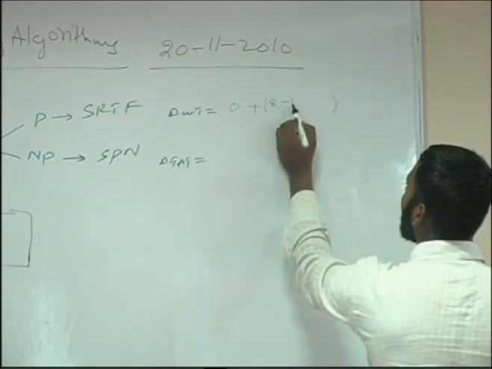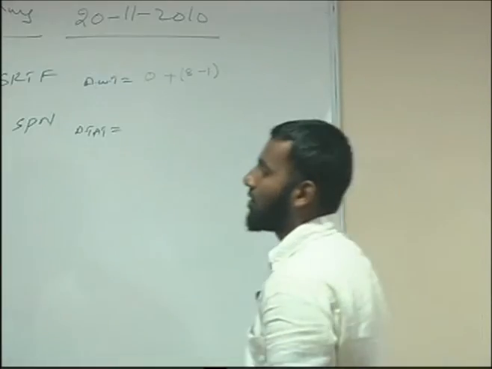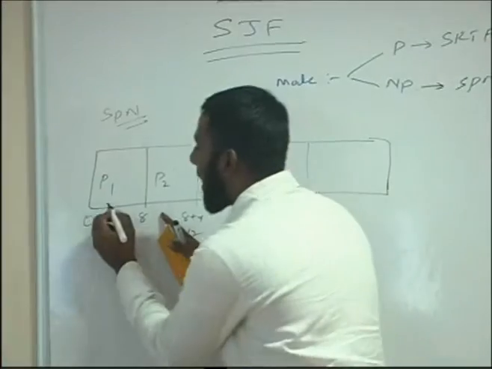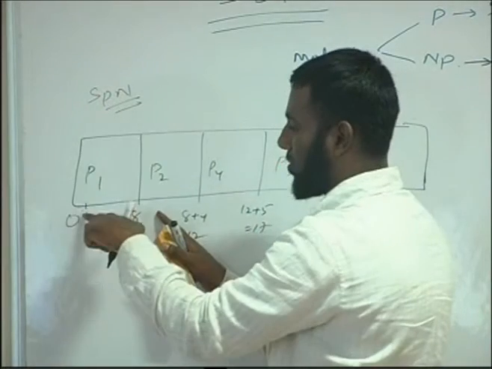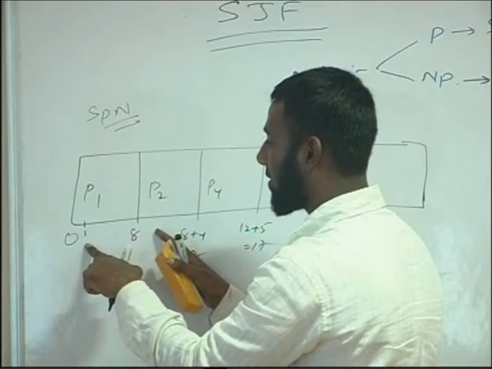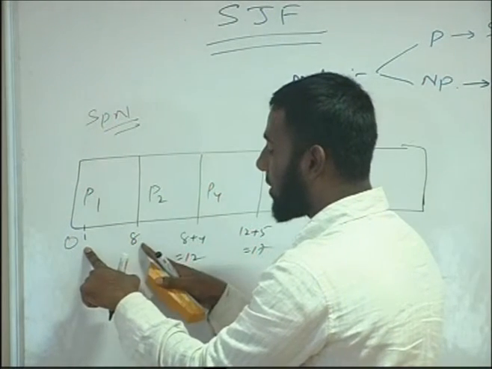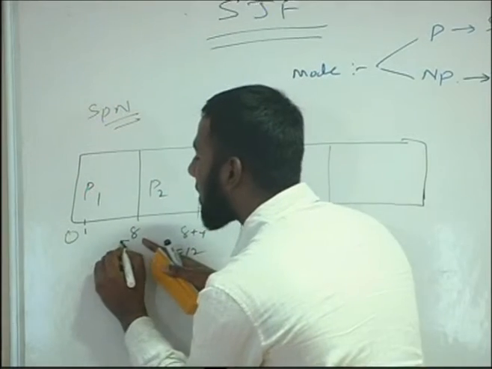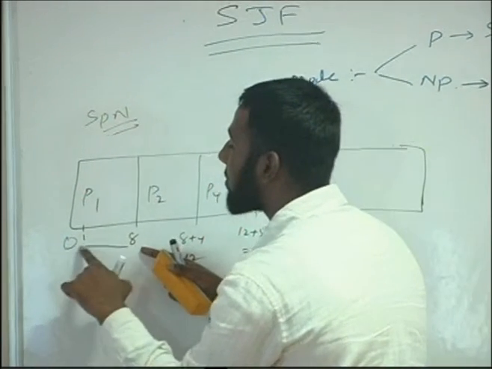So 8 minus 1 is the waiting time for process P2, meaning at time 1 process P2 has been submitted to the ready queue, but because process P1 is running, it has not been given chance. So at time 8 process P2 has been given chance, meaning in this time interval, 1 to 8, which is equivalent to 8 minus 1, 7 units of time, process P2 has waited.